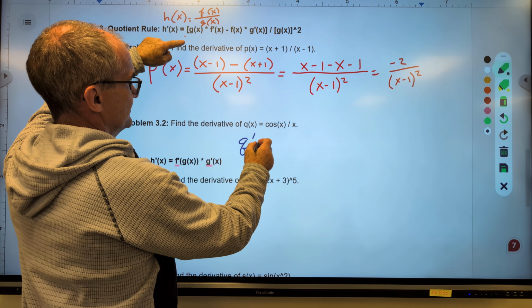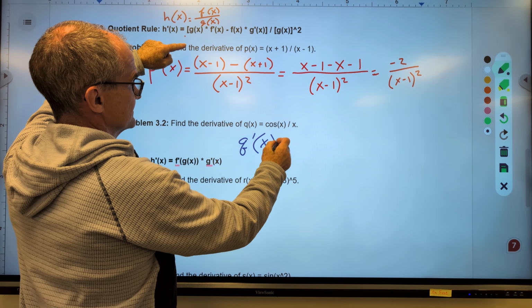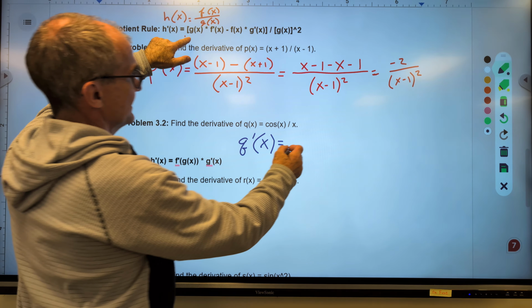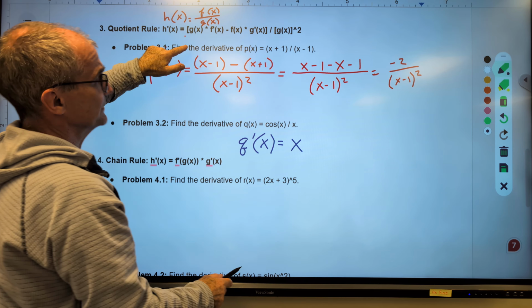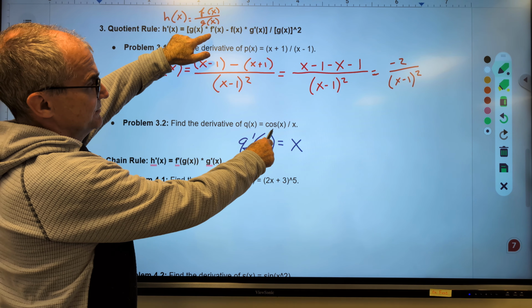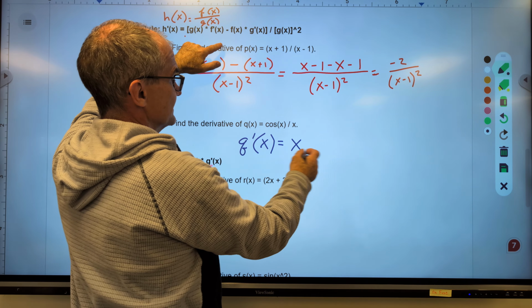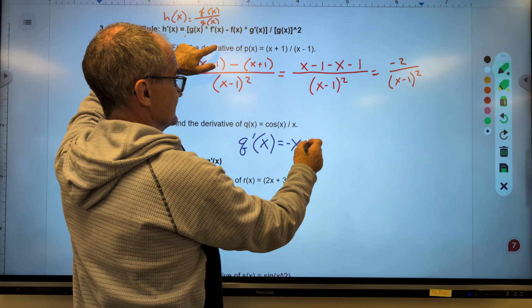So my derivative, q prime of x, is equal to the quotient rule of the denominator, x, times the derivative of the numerator. Derivative of cosine x is negative sine x. I'm going to put that negative out front.